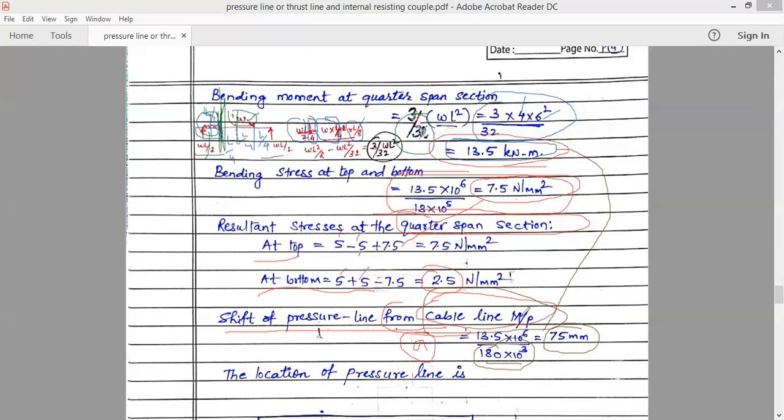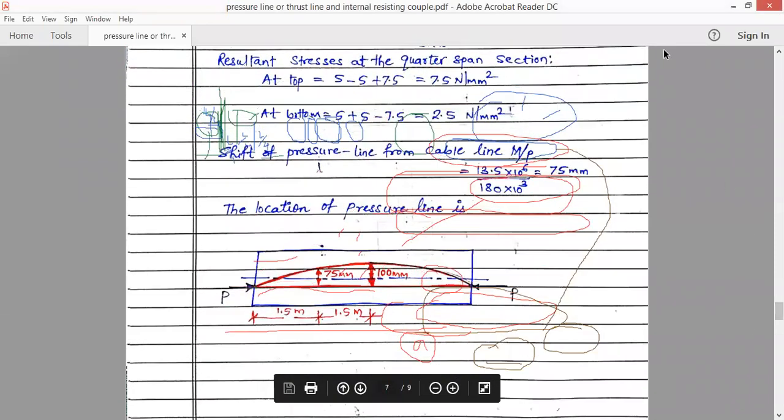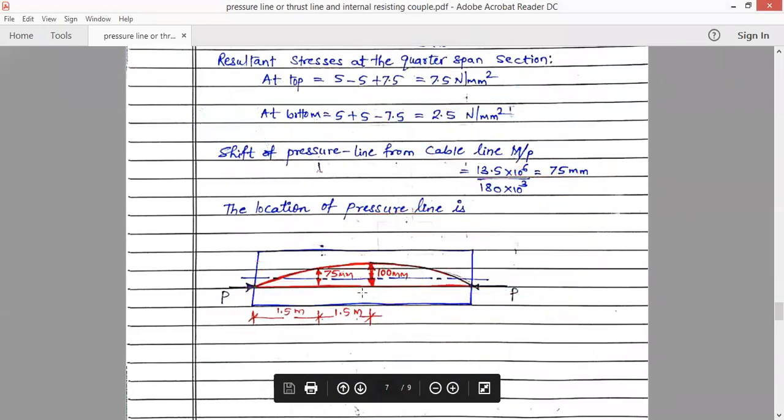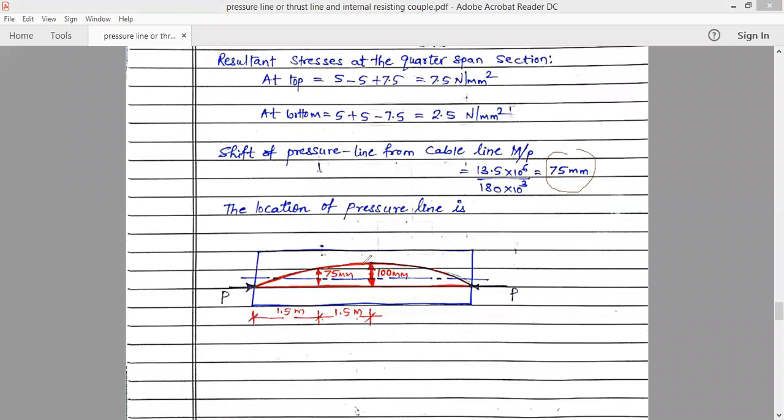So now we will locate the pressure line with respect to the values. So I have drawn here the values. At the quarter span, it is 75 mm, what we have observed here, right? So when I draw this from the cable, it is at 75 mm. And a similar thing I will apply here. At the mid span, we have already calculated this as 100 mm.